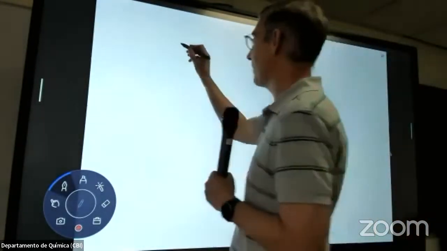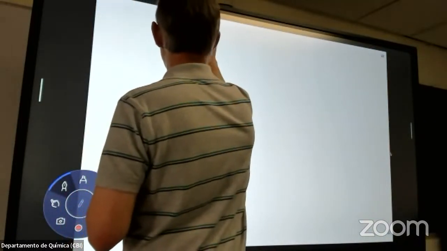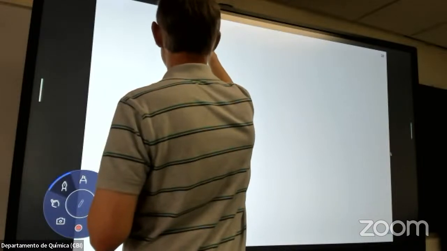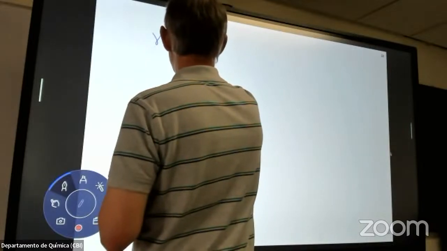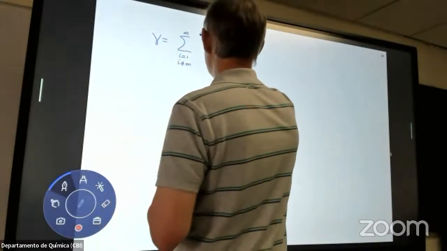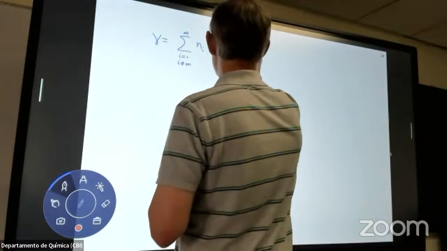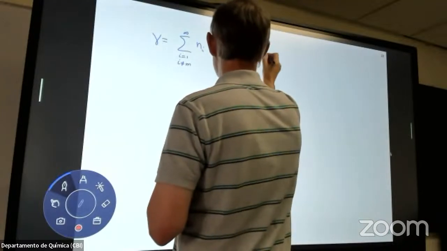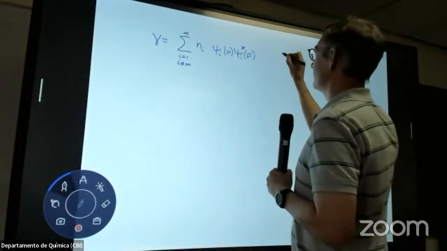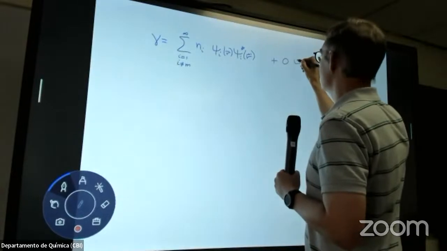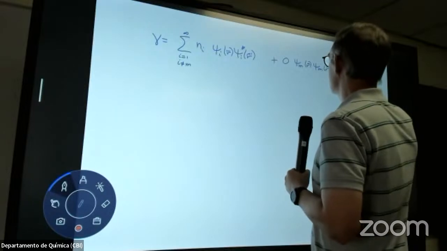Okay, so I wrote down my gamma. We're going to just pick on one. We're going to say I is not equal to M. I'm sorry, I just realized I'm changing notation for my natural orbitals, but okay.